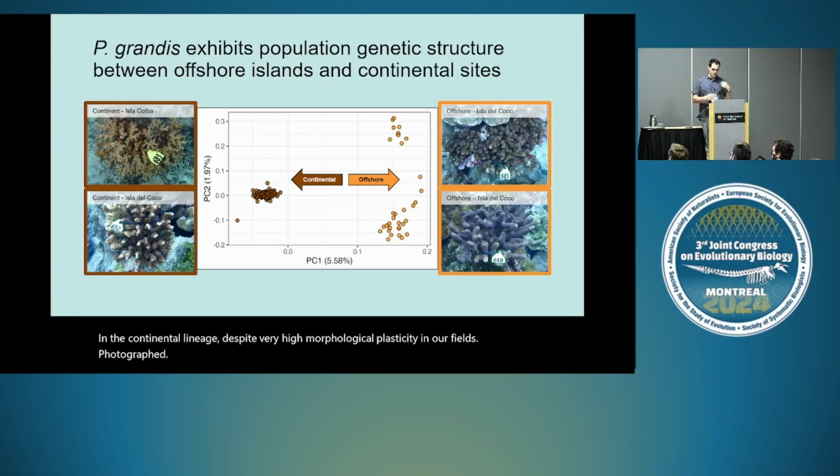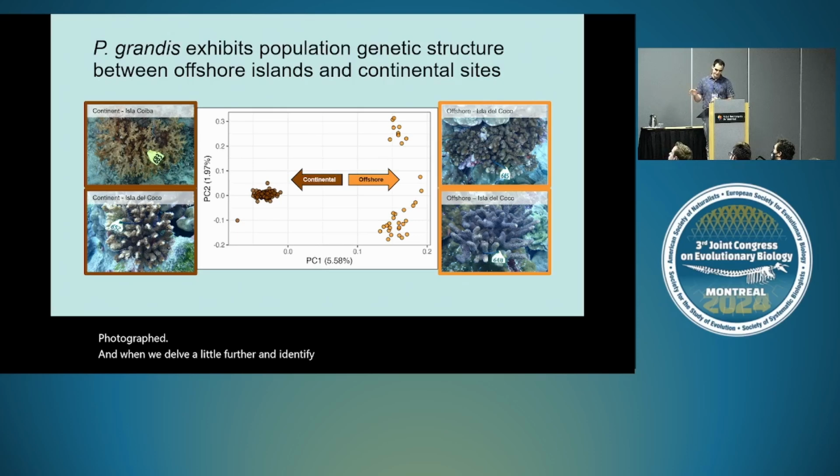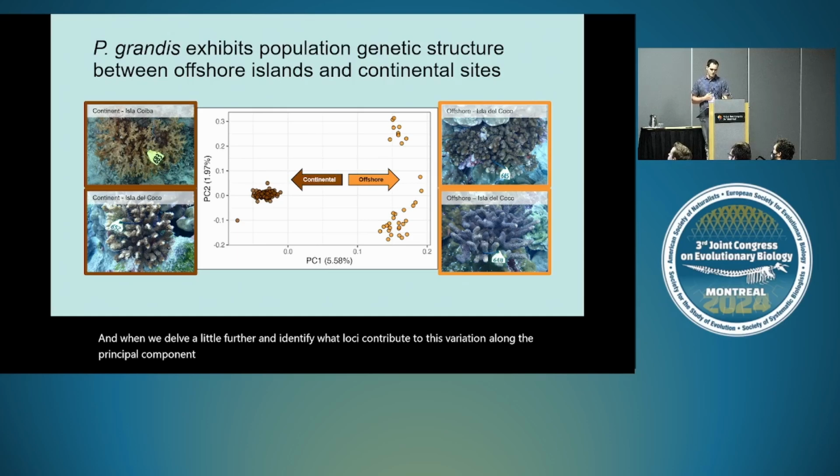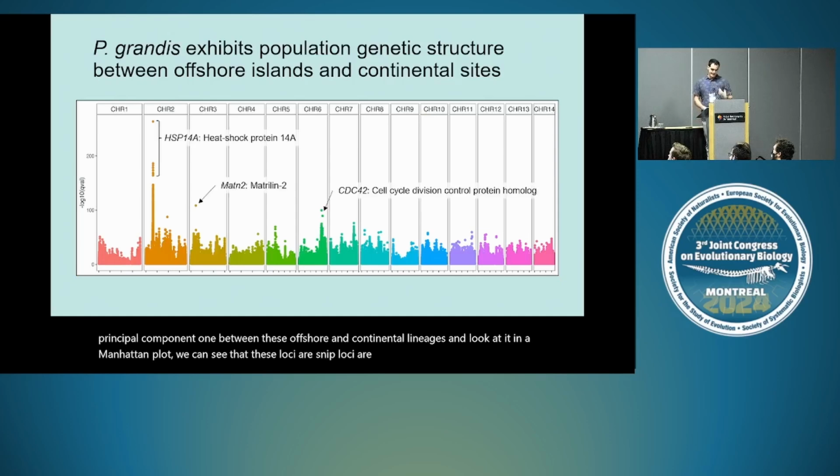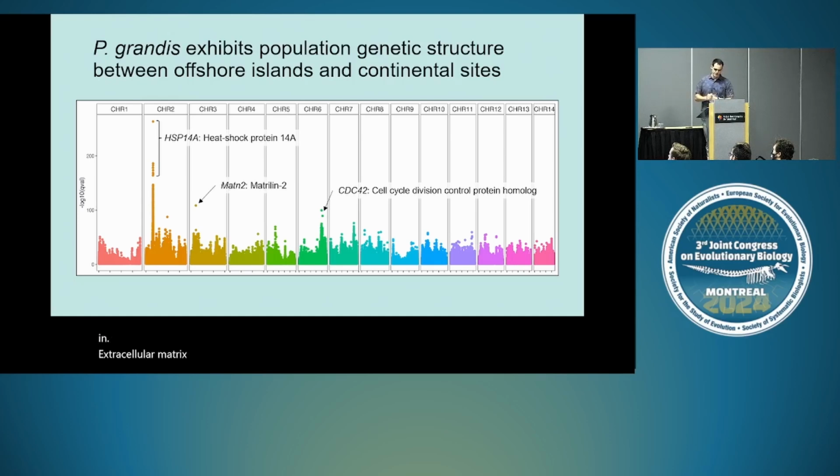And when we delve a little further and identify what loci contribute to this variation along principal component 1 between these offshore and continental lineages and look at it in a Manhattan plot, we can see that these SNP loci are located in heat shock protein 14A, as well as matrilin-2 and cell division control protein 2, which are both involved in extracellular matrix organization and restructuring and cell morphogenesis pathways.